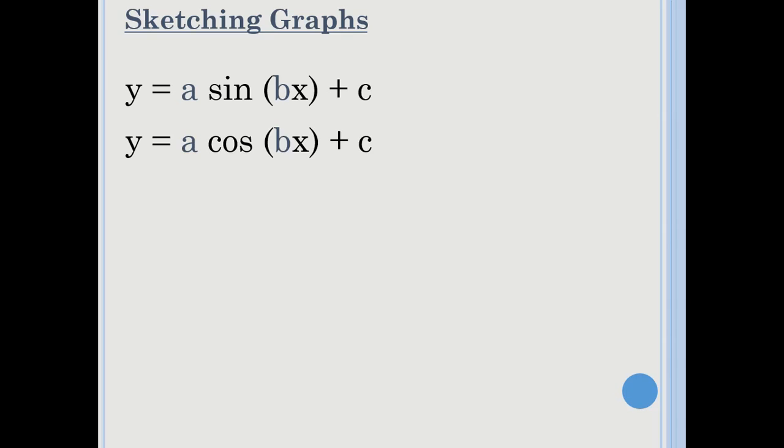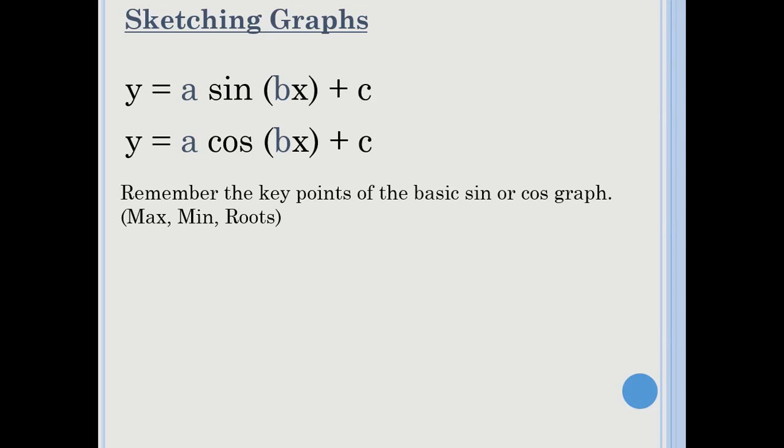And that becomes very important for the last part of this, for sketching the graphs. If we are looking at y equals a sine bx plus c, or y equals a cos bx plus c, then the key points that we need are the maximum, the minimum, and the roots, where the graph is going to cut the x-axis.